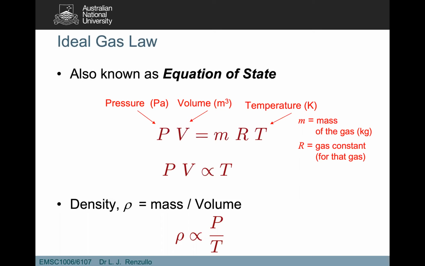So here we can see that for a given pressure, a fixed pressure, if we increase the temperature of the gas, we'll get a decrease in density. Alternatively, we can think of a fixed temperature, and if we increase the pressure on that volume, we'll get an increase in the density of that gas.